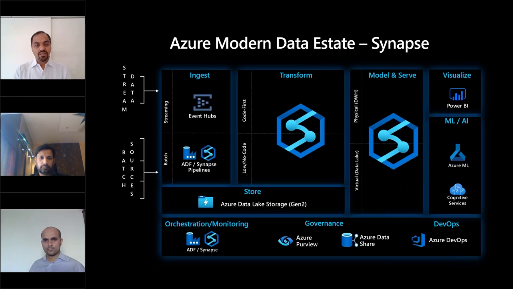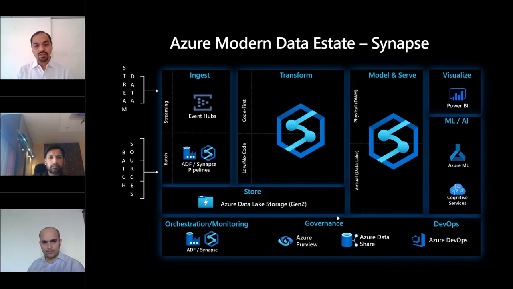Then you have the Synapse data store, where you can physicalize your models, and you have a good modeling environment where you can do all the modeling using low code, no code, or code-first. And you have data lake storage available. The current one is Gen 2, which is available with hierarchical namespaces to define the entire data sets sitting in the data lake.